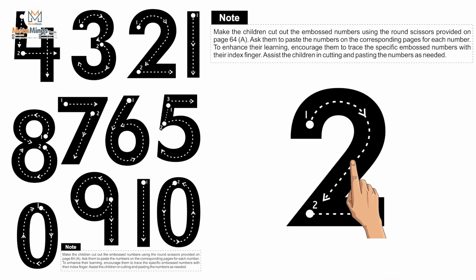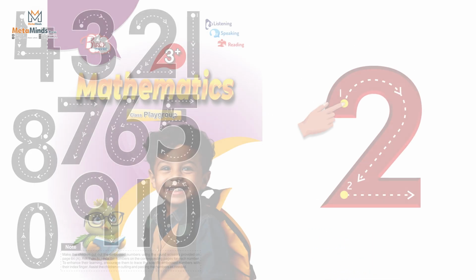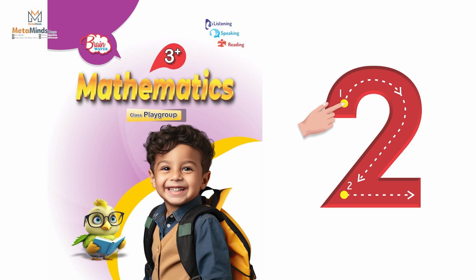And how are we going to make number 2? How are we going to write that? Let's practice the formation, and don't forget to do the air writing with me when I am telling you the formation of any number. So here is the starting point, my dear kids. From here, you have to make a curve.